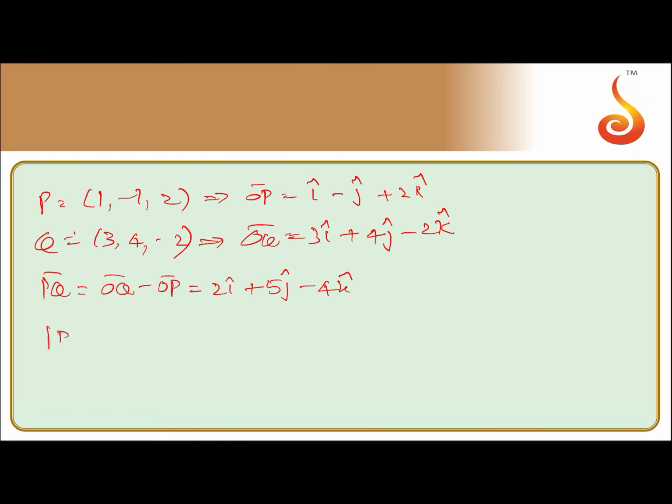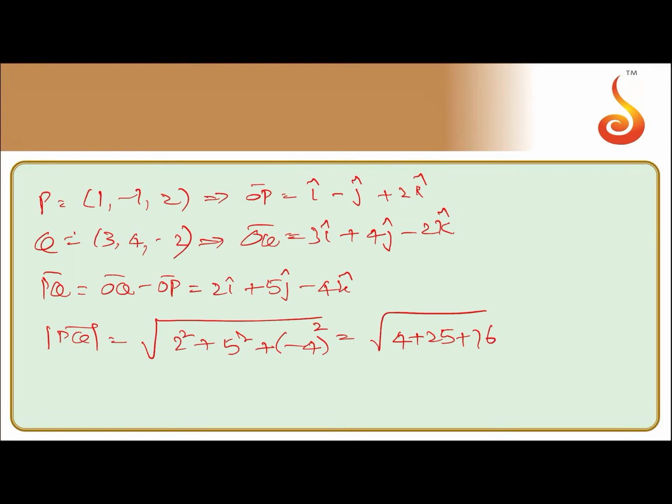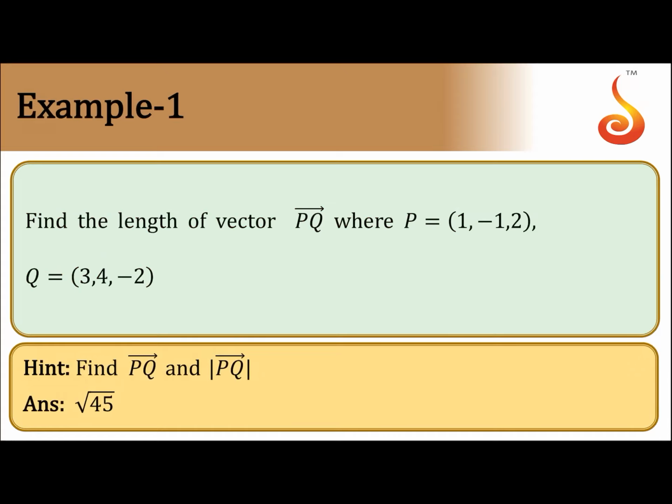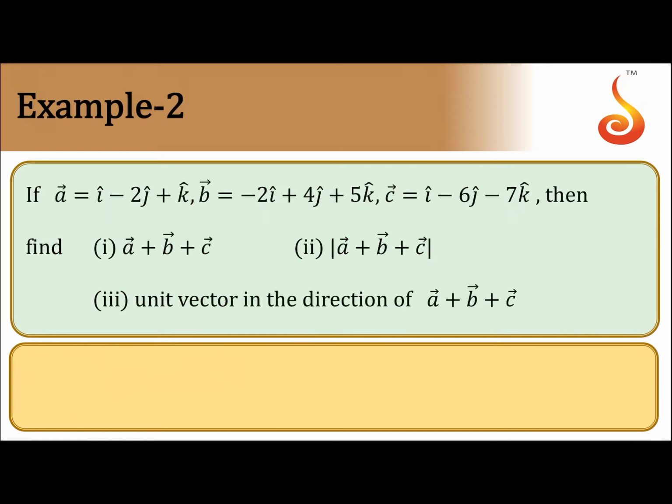And clearly the magnitude of PQ is under root of 2 square plus 5 square plus minus 4 whole square, that is under root of 4 plus 25 plus 16, which is root 45. Root 45 means 9 times 5, so 3 root 5. So the magnitude is 3 root 5, or root 45, is the answer. I hope it's simple. Let's take up example 2.